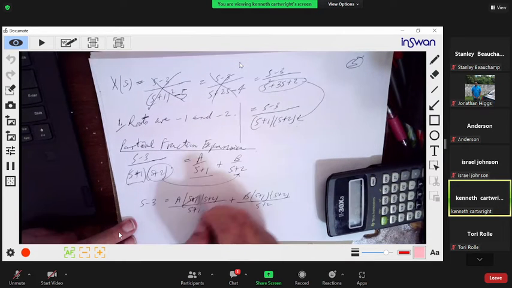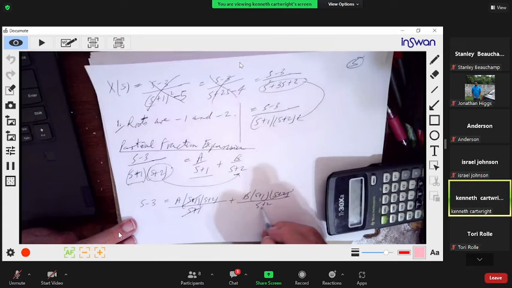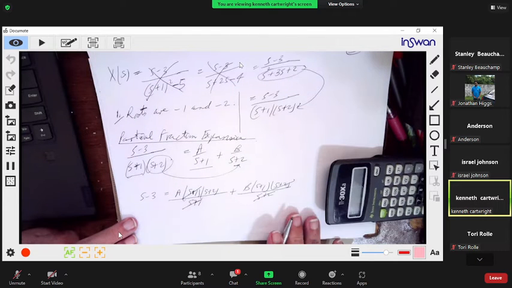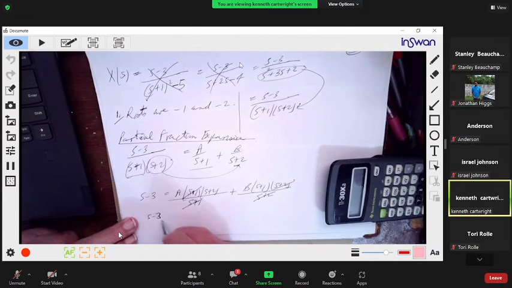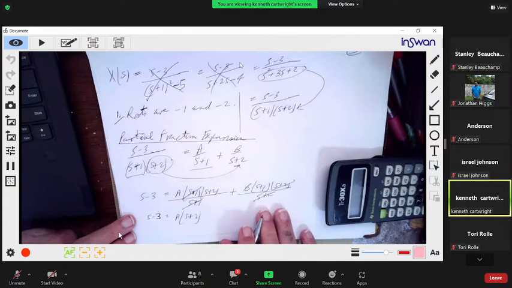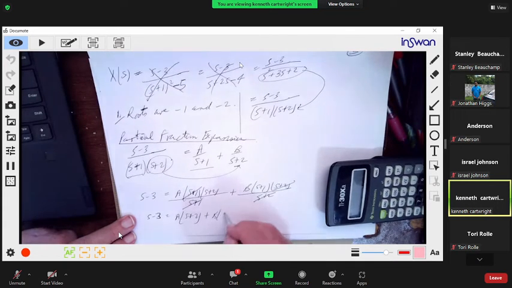So this s plus 1 cancels out s plus 1, and this s plus 2 cancels s plus 2. And we're left with s minus 3 equals A times s plus 2 plus B times s plus 1.